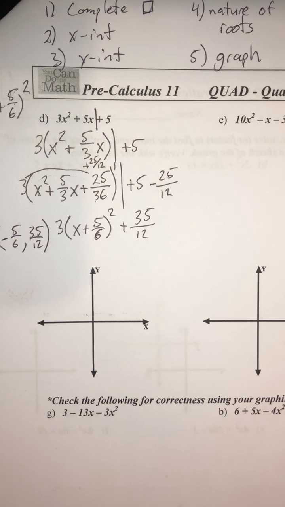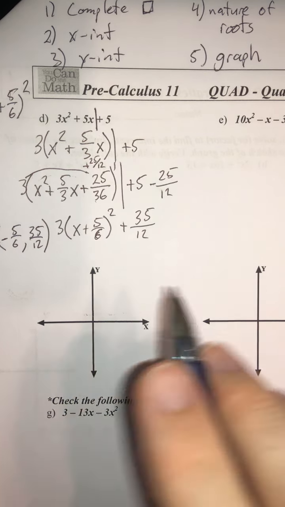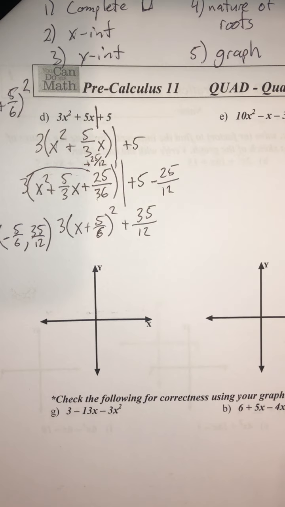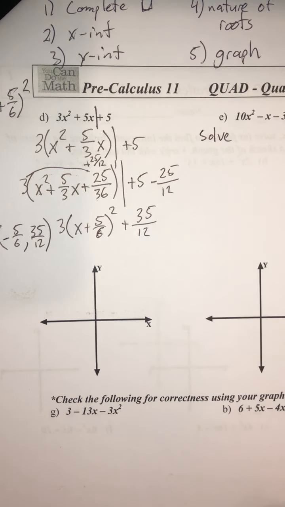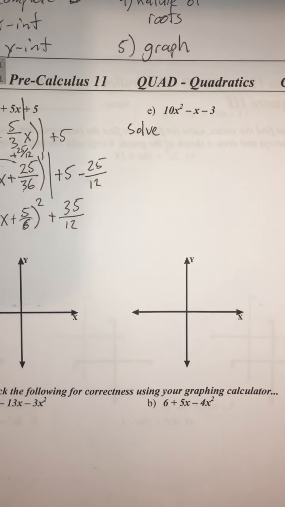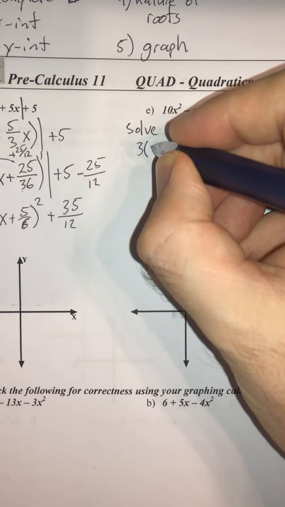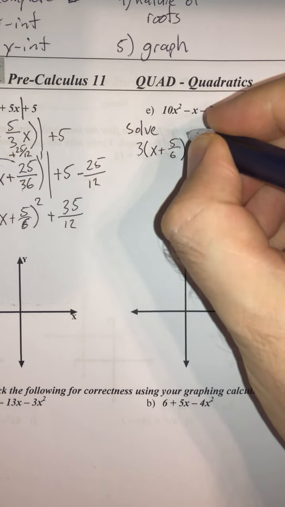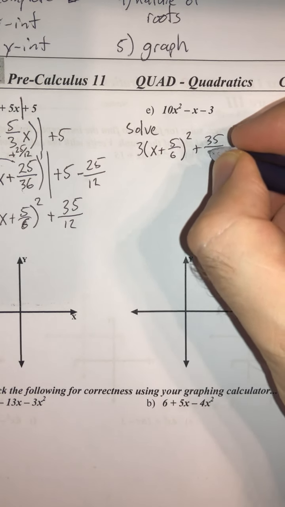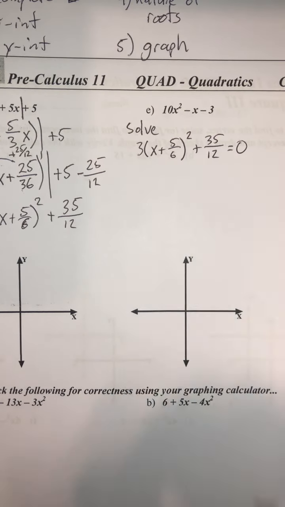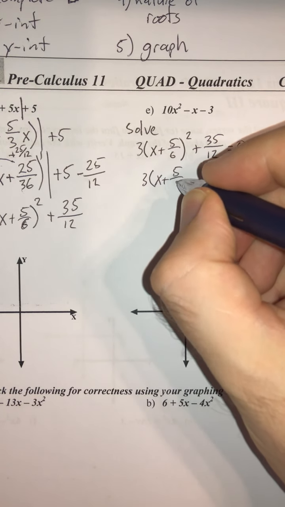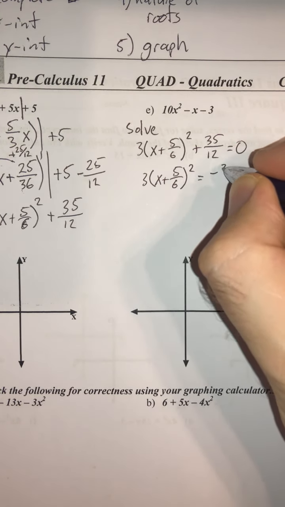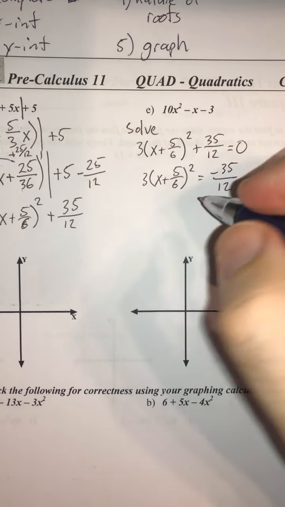That's the first thing we need. Then we're going to find out what my x-intercepts are. In order to do that, I need to solve this equation. I'm going to go into this next question here since I don't have paper space and I want to make it completely legible for you. So we have 3 times x plus 5/6 all squared plus 35/12, and to solve it, we set it equal to 0. We subtract 35/12 first, divide by 3.